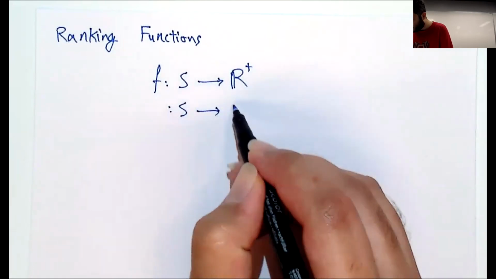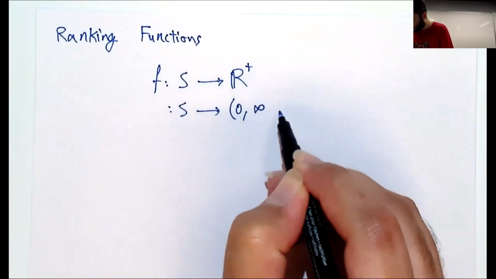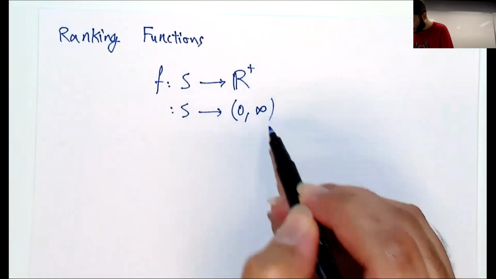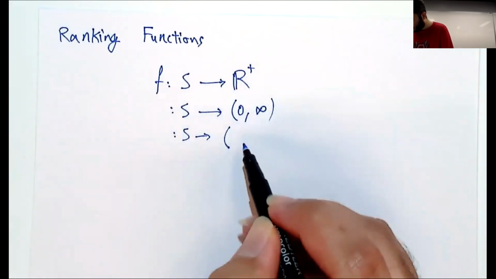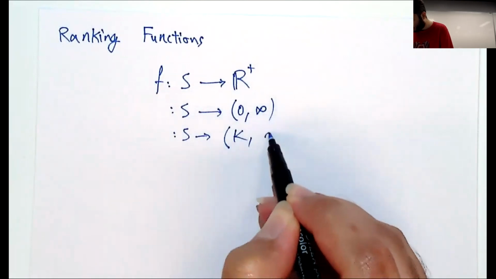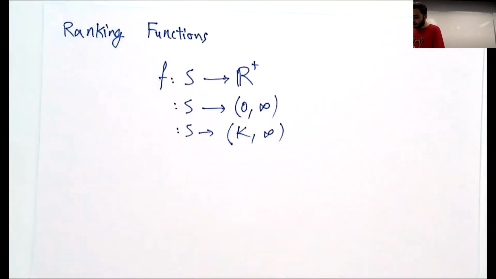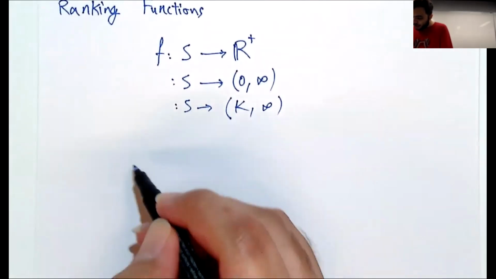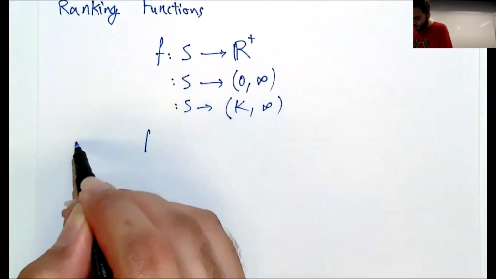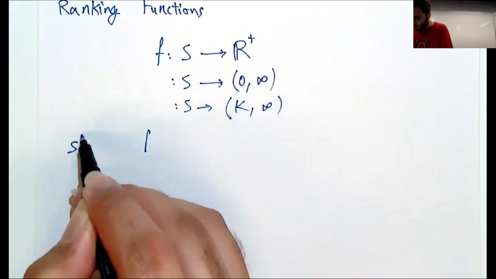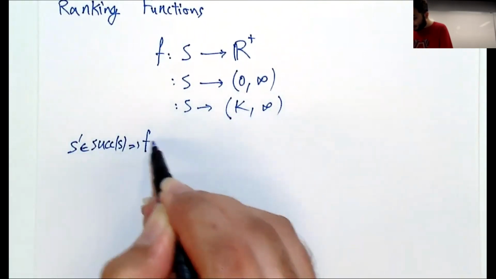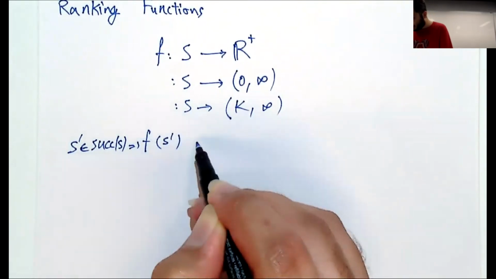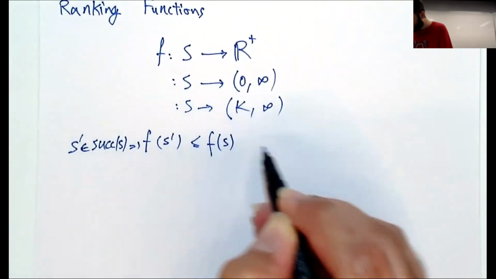Maybe it maps S to 0 to infinity, right? Or maybe it maps S to anything that is bounded from below, so K to infinity, okay? And let's say that if S prime is a successor of S, then f of S prime is less than or equal to f of S minus some epsilon.